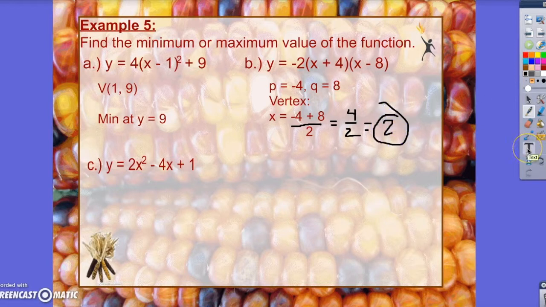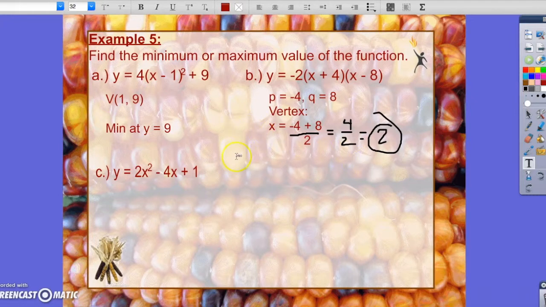But don't forget, we need y as well, since the y is the min or max. To find the y in this method, I plug 2 back into the original. Just to do a little review, I simplify the parentheses first. 2 plus 4 is 6, and 2 minus 8 is -6.